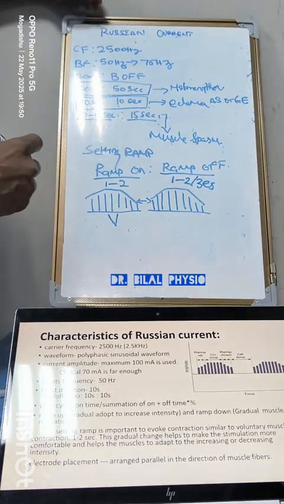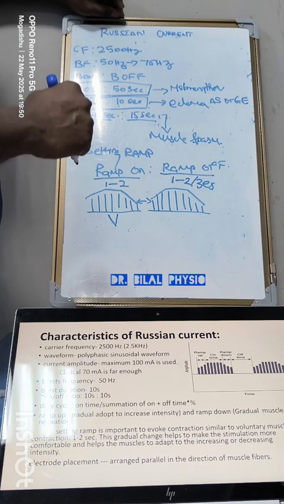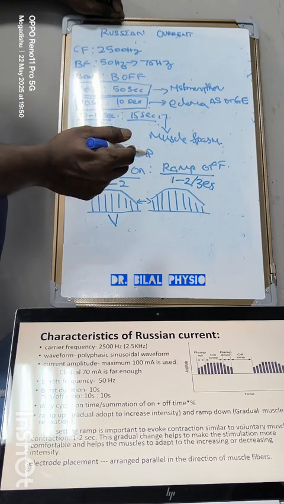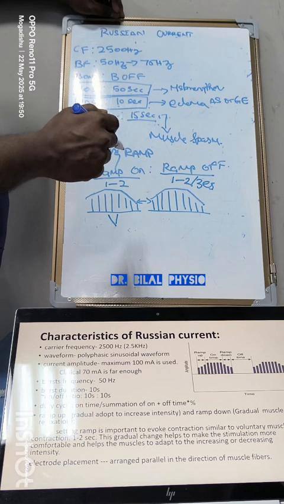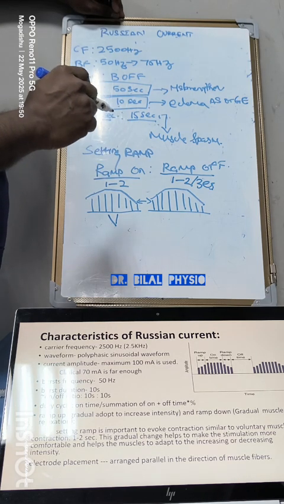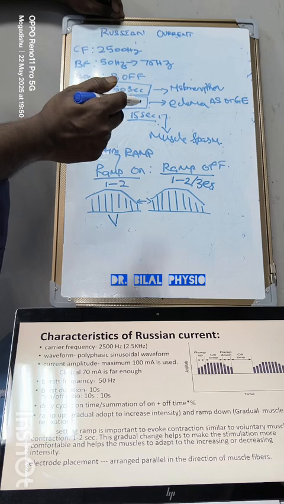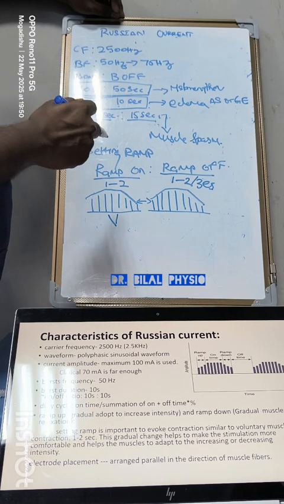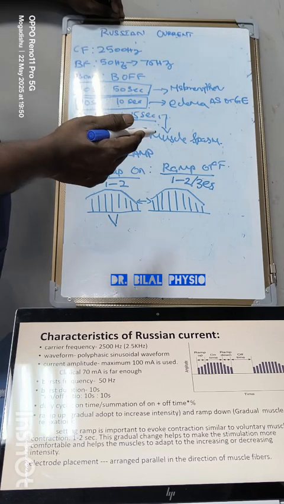This setting is mostly not available in modern modalities, as it is pre-modulated inside the equipment itself. Based on the company's research, they pre-modulate it, and the outcome we get is a ramp on and ramp off time.